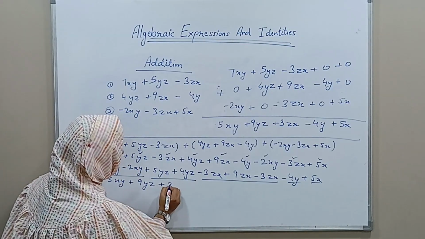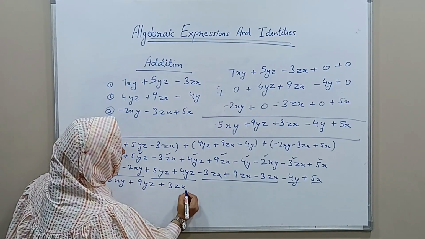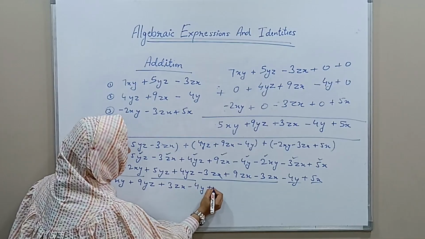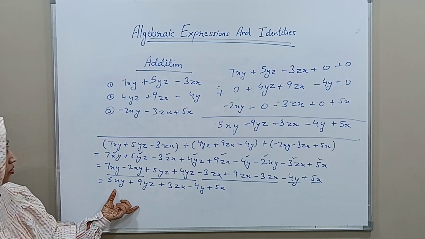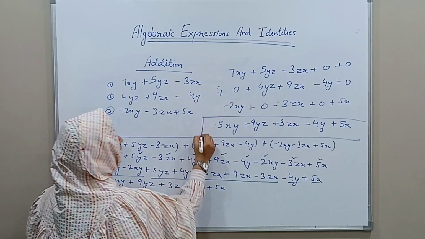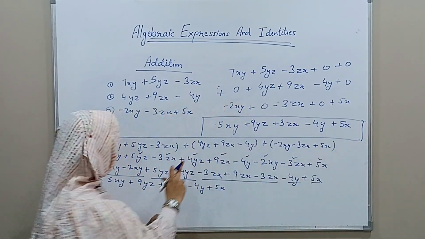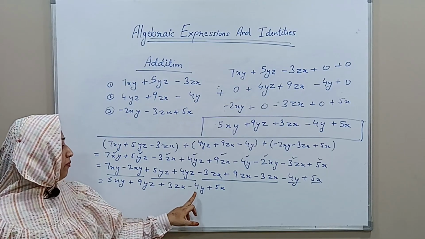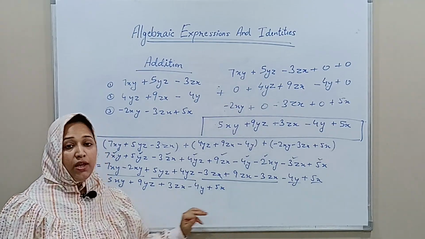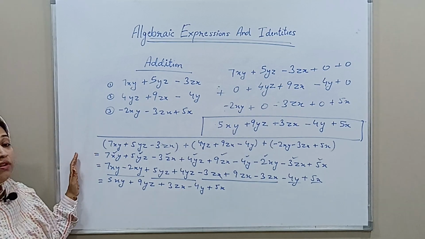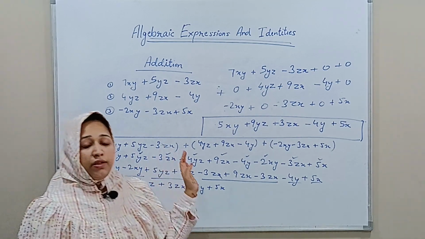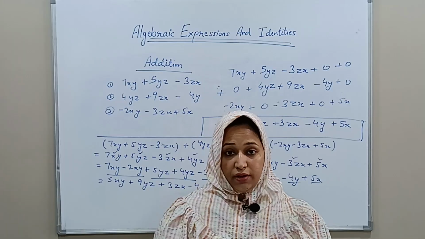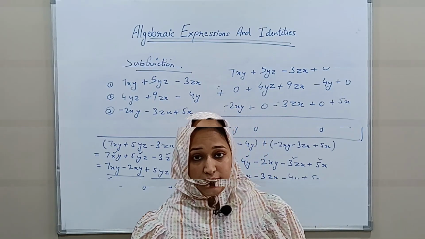So plus 3zx and minus 4y plus 5x as it is. So this is your answer. If we compare them, the answer is the same: 5xy plus 9yz plus 3zx minus 4y plus 5x. This is the addition of three expressions. This way we can add a different number of expressions given to us.